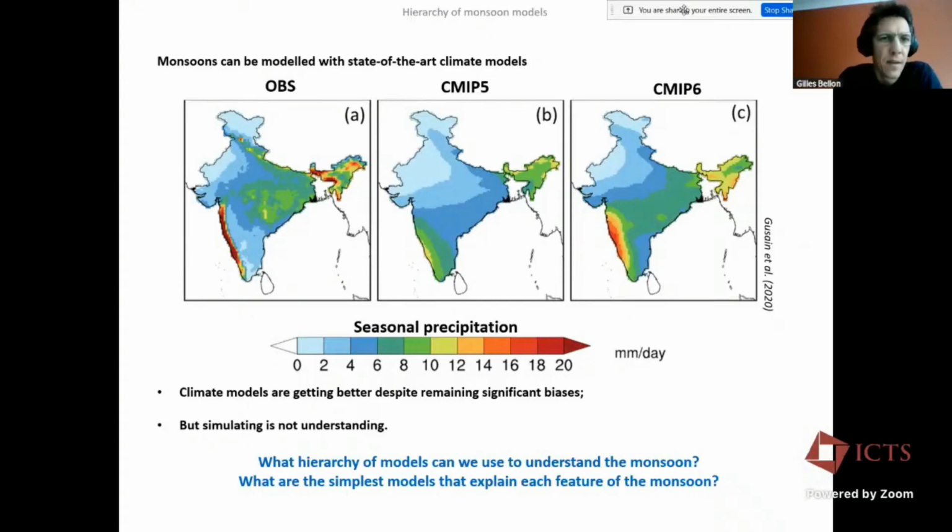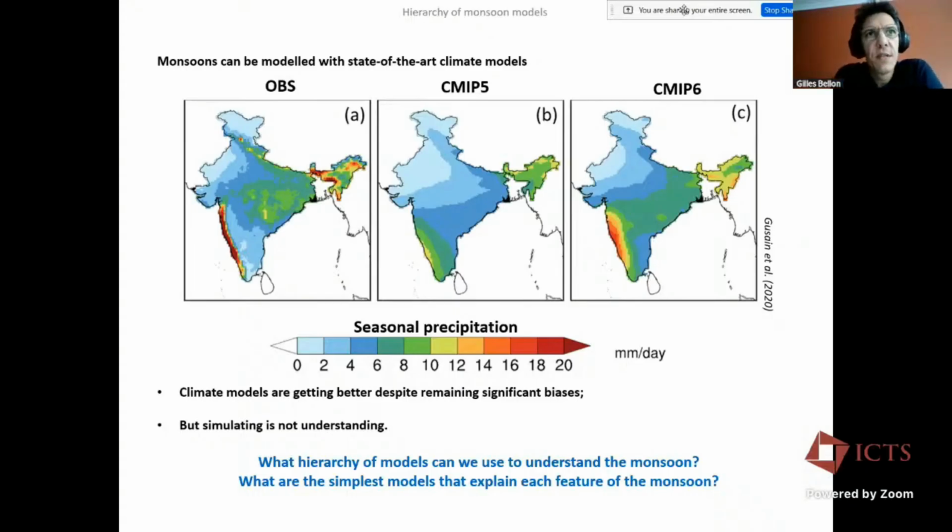So we're not quite there yet to getting climate projections with this type of resolution, but still with our 100 kilometer resolution general circulation models, we do get a fair representation of the monsoon. And so if we want to do climate projections, or just get some results about the monsoon by simulating it, we do have the tools.